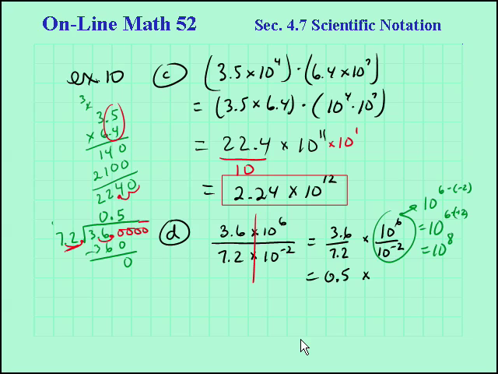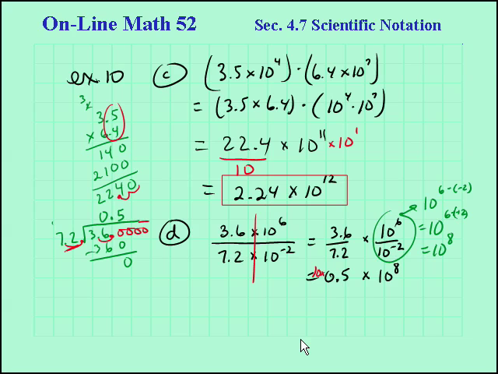So that's what we get. Now, I was about to put another box around, and I remember what I did before, and I noticed that this coefficient is not in proper form. We've got to find a way to make it 5 point something, getting the decimal on the other side. Well, the only way we can do that is to adjust the coefficient by multiplying by 10, 10 times 0.5.